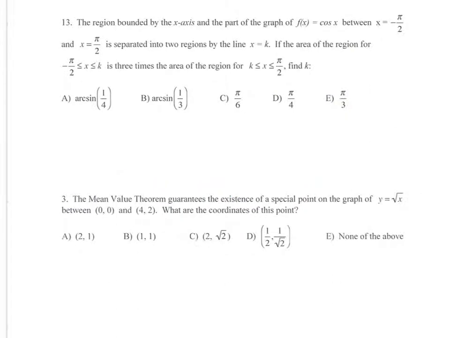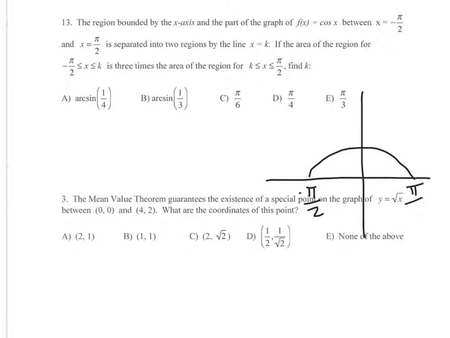And number 13, you have a graph of cosine x. It went from -pi/2 to +pi/2, separated in two regions.